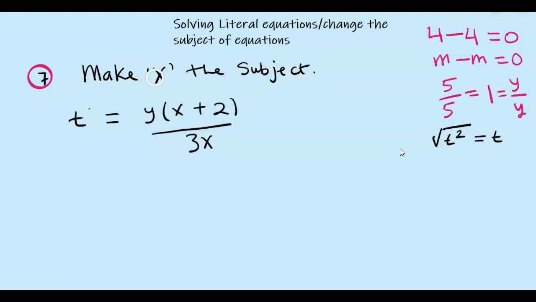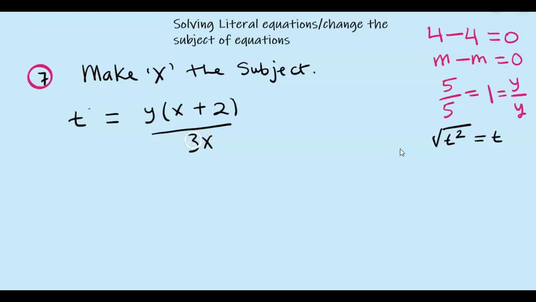We have been asked to make x the subject, or solve for x, in this equation here. We have a parenthesis in there. First of all, we need to get rid of this division, though it contains the x that we are looking for. It's being a denominator, it's going to make it hard, so let's bring it up.